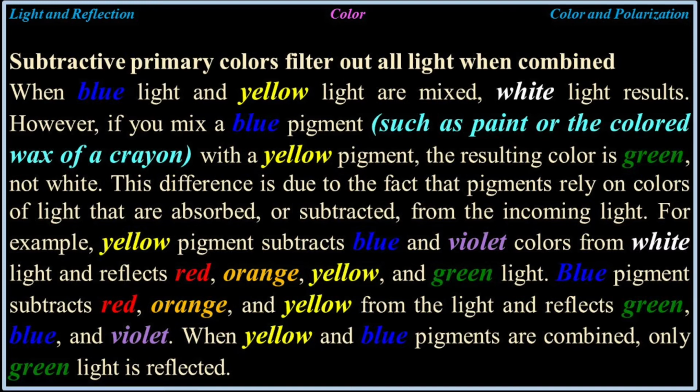For example, yellow pigment subtracts yellow and violet colors from white light and reflects red, orange, yellow, and green light. Blue pigment subtracts red, orange, and yellow from the light and reflects green, blue, and violet. When yellow and blue pigments are combined, only green light is reflected.